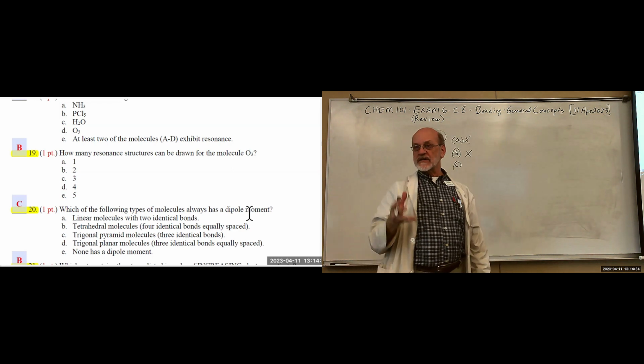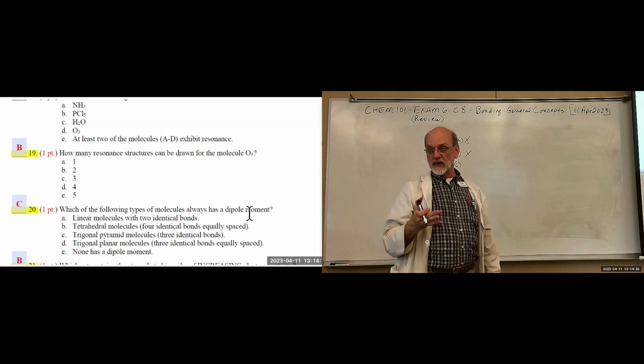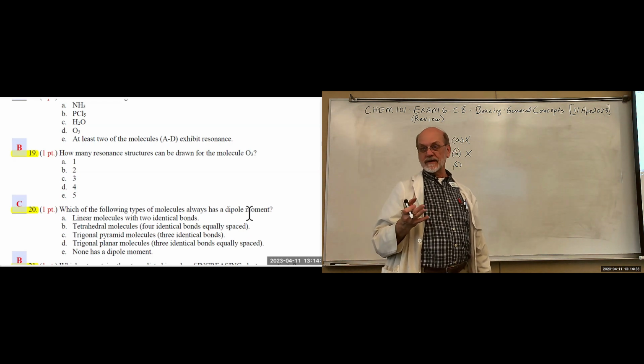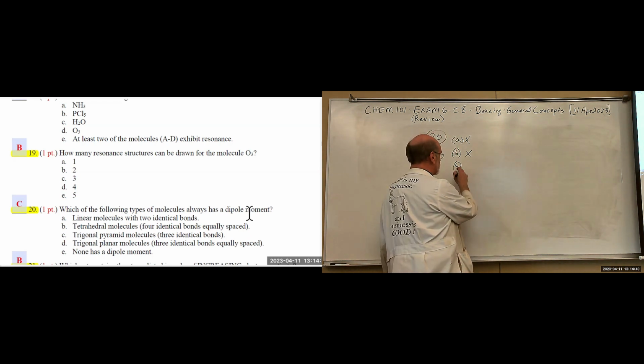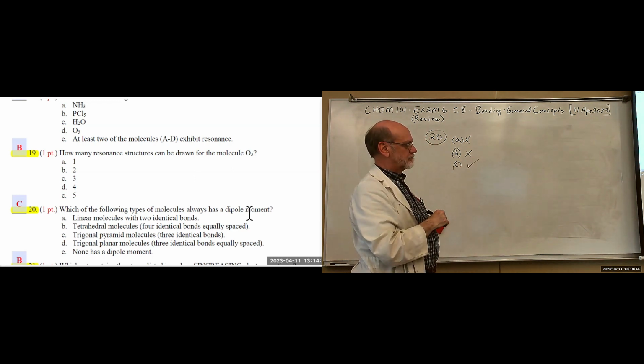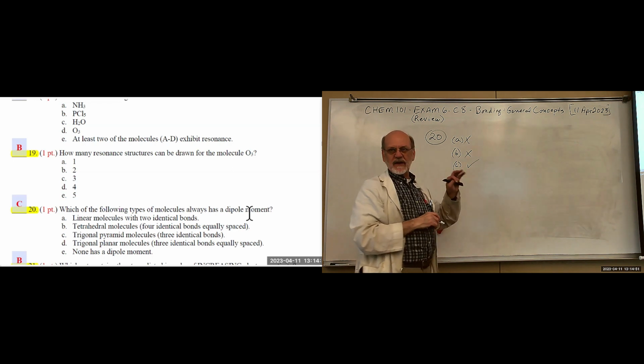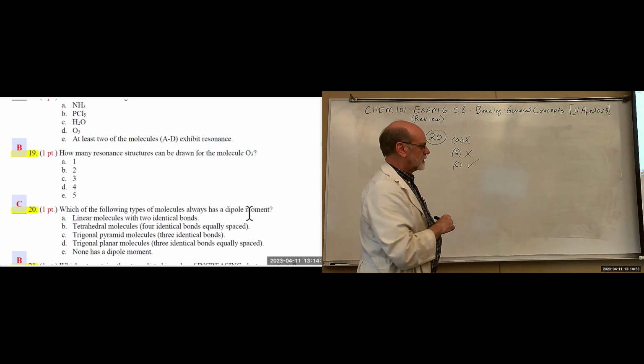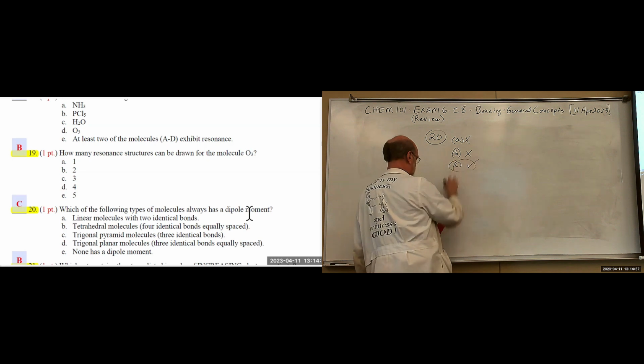You have to start from a tetrahedron and have one lone pair, like ammonia. That one should always be polar, have a dipole moment because of that lone pair. Okay, none has a dipole moment. We found our answer.